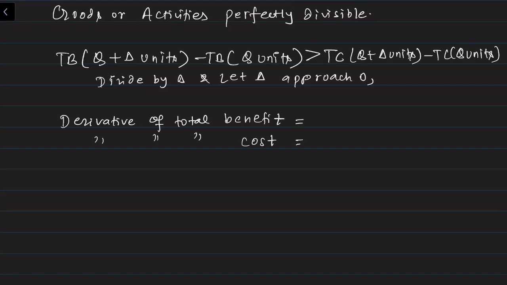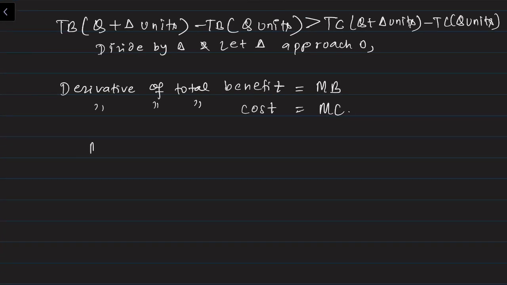So this is nothing but marginal benefit, and this is marginal cost. So when we equate marginal benefit with marginal cost, it gives us the optimal quantity.